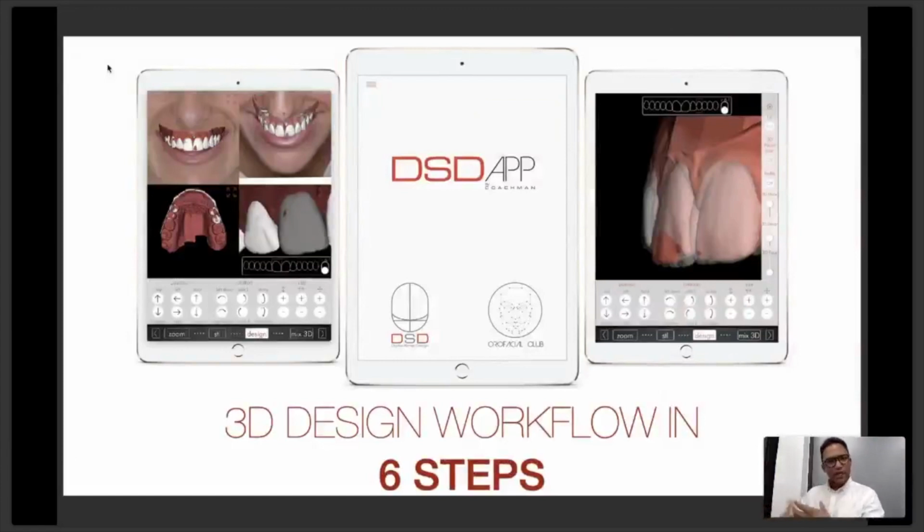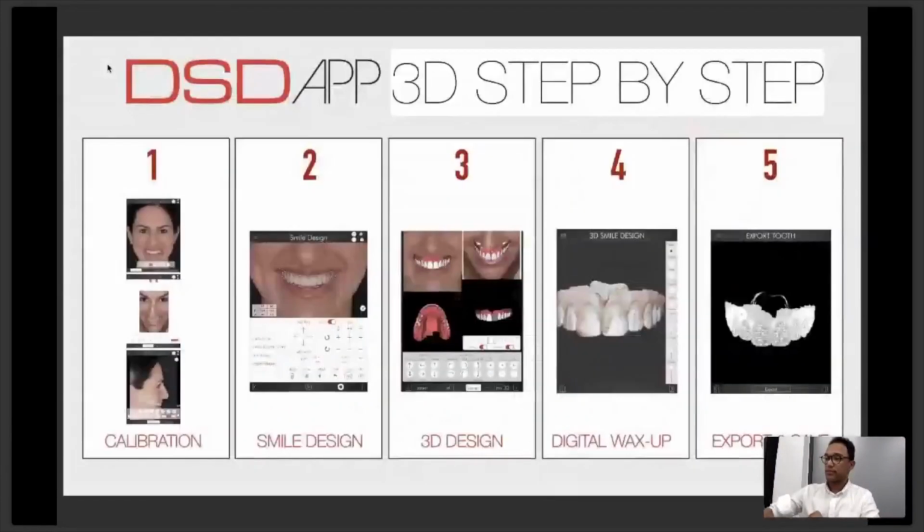So let's get started with the GSD app. Using the 3D design workflow, we use 6 steps. The first step is calibration. You will calibrate the STL within the app. The STL is the intraoral scan, and you will also calibrate that STL within a patient frontal facial smile.